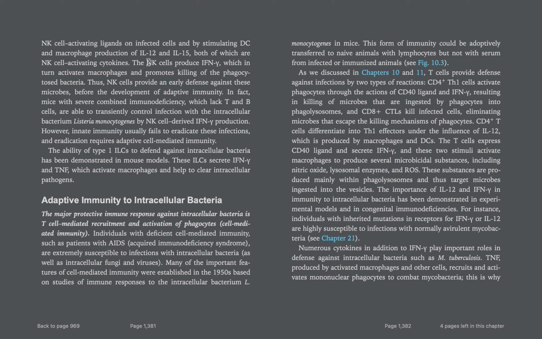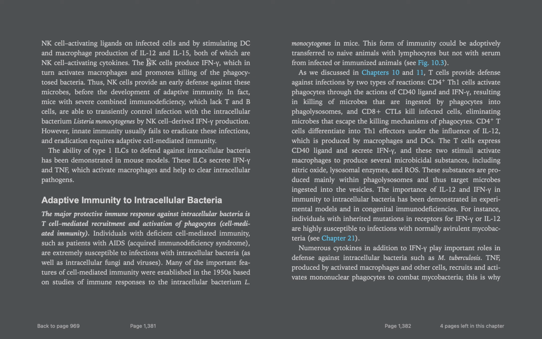CD4 T cells differentiate into T helper 1 effectors under the influence of interleukin 12, which is produced by macrophages and dendritic cells. The T cells express CD40 ligand and secrete interferon gamma, and these two stimuli activate macrophages to produce several microbicidal substances, including nitric oxide, lysosomal enzymes, and reactive oxygen species.